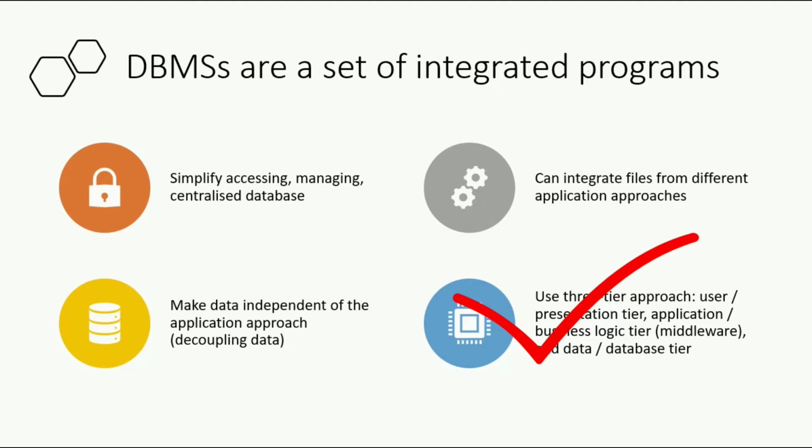The application tier is where the data is collected from external to the enterprise and then accepted using business logic through middleware, and that's the second tier. And the database tier is where the data is being held, and all three are independent of each other. They are not dependent on each other. They can change independently without affecting the others.